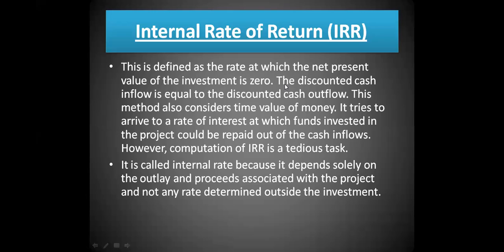So basically we are trying to find a discounting rate at which the NPV will become zero, which means the present value of inflows will become equal to the present value of all the outflows. And when the present value of inflows is equal to the present value of outflows, the NPV will come zero. So here our task is to find that discounting rate, and that discounting rate is actually known as internal rate of return.